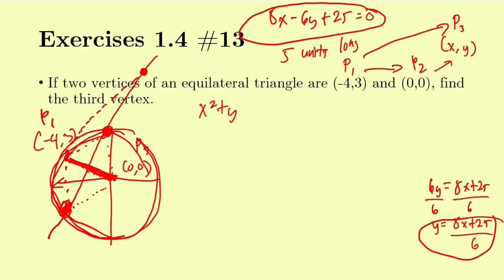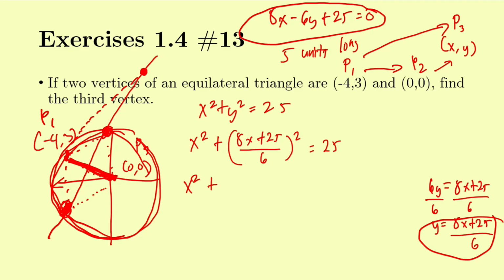x squared plus y squared is equal to 25. Replace y with 8x plus 25 all over 6. So that is equal to x squared plus (8x plus 25 all over 6) squared is equal to 25. And this, we can further express as x squared plus, using binomial expansion, 64x squared plus 400x plus 625 all over 36 is equal to 25.